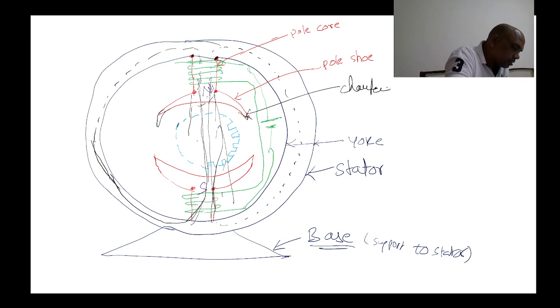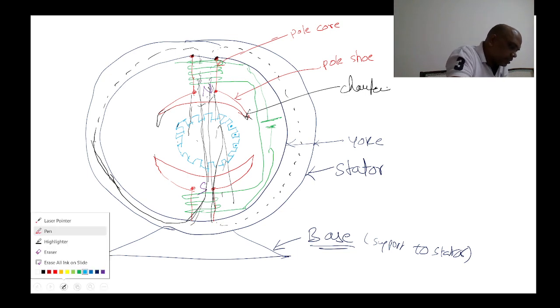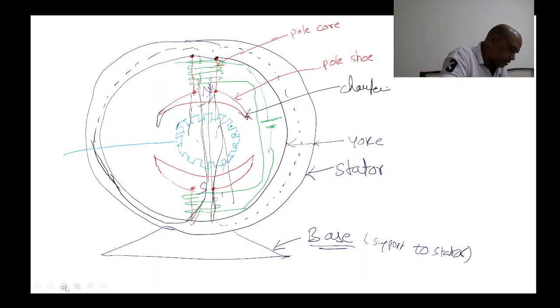What do we place in the armature slots? Armature conductors. This gap is called the armature slot.